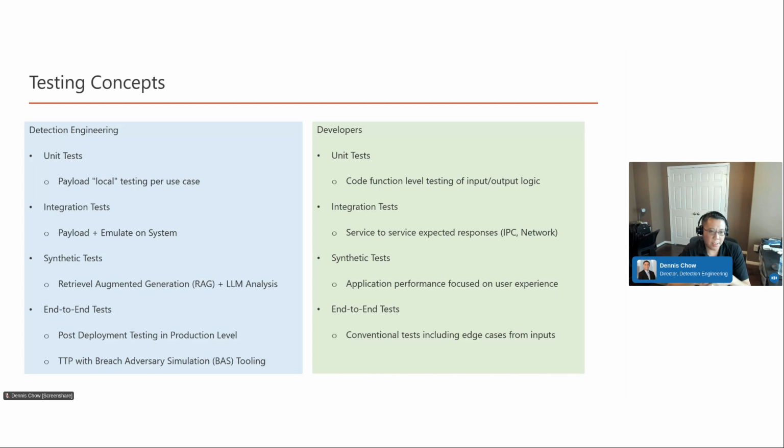To help you alleviate that, synthetic tests is something I coined the term, and it's really not the same as a developer synthetic test. A synthetic test in our world means you're using a RAG-based AI kind of pseudo cursory review. So you're using LLMs in my case. You hopefully combine it with a RAG architecture, which means retrieval augmented generation.